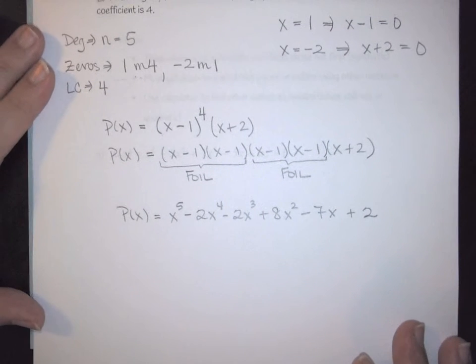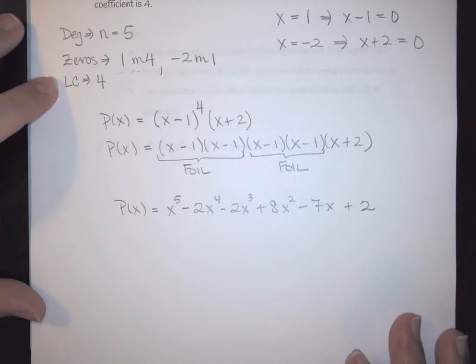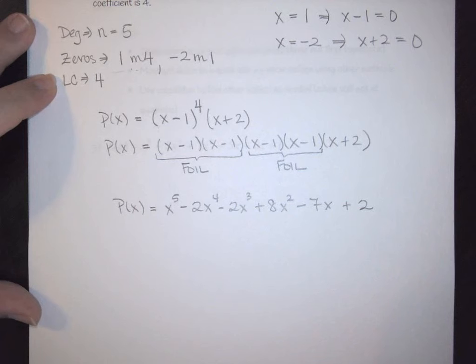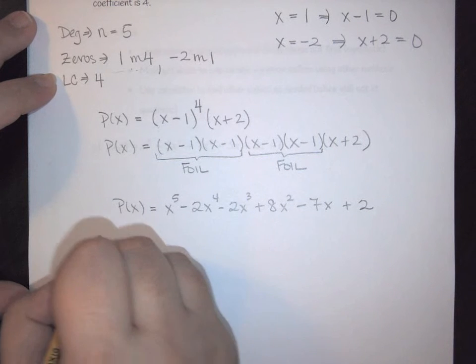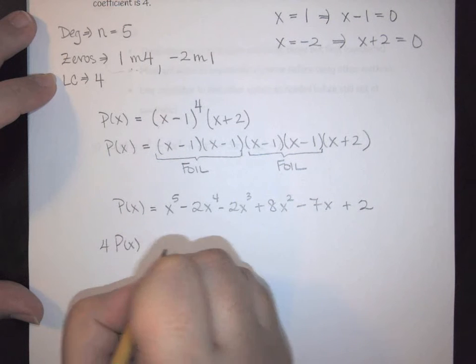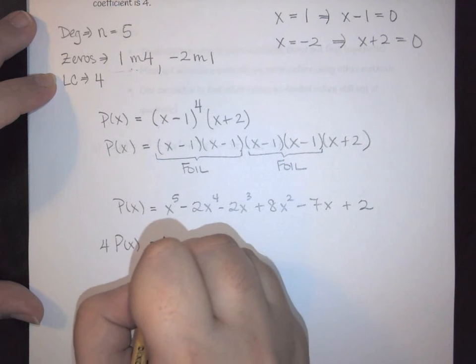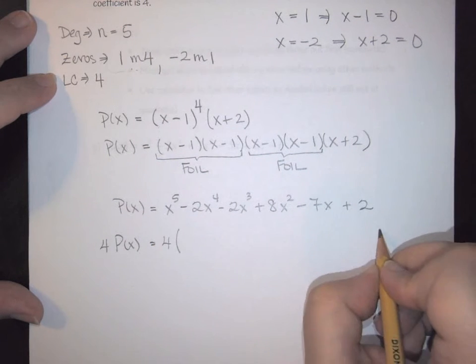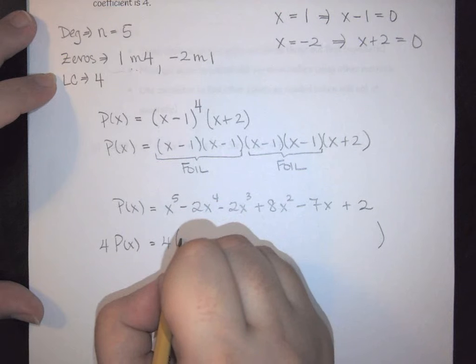Now the last thing we need to take into account is the fact that this leading coefficient here is supposed to be 4. So that means we have to do 4 times your p of x. So we're going to put a 4 on the outside of your whole polynomial.